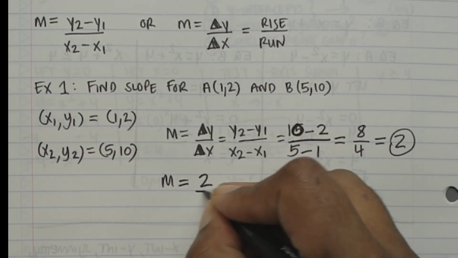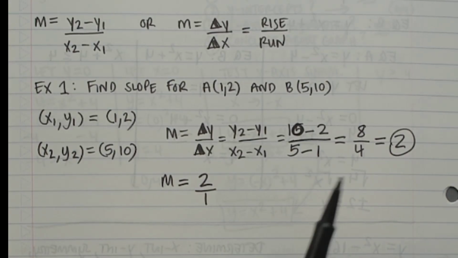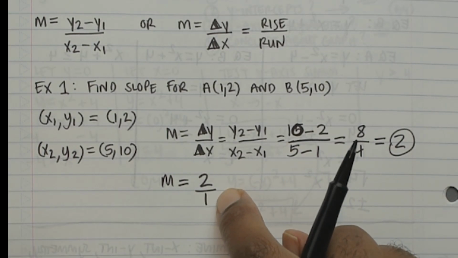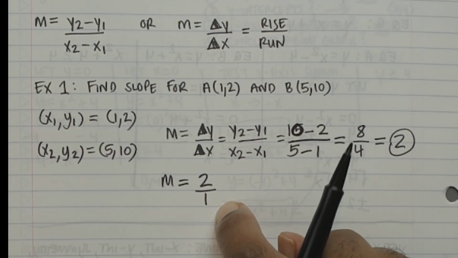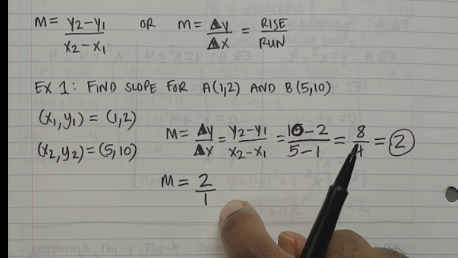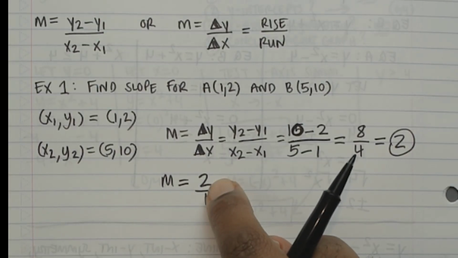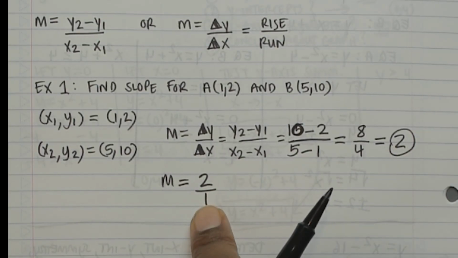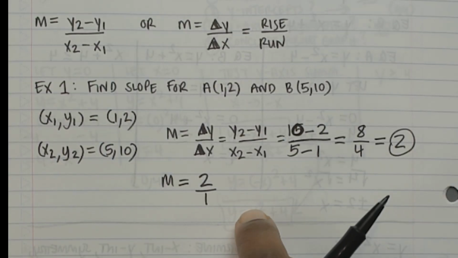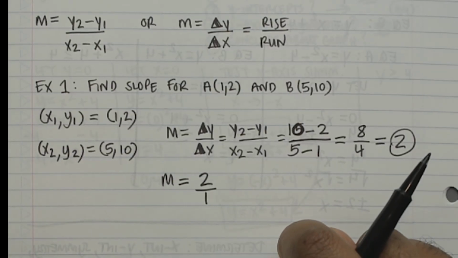So one way of thinking about it is you got to understand that even if you have a whole number, you should always, in most cases, understand this, that m equals 2 is actually 2 over 1. So for every change in 1, we go up 2, right? You run 1 over 1, and you go up 2, which is why we have the whole idea of rise over run.